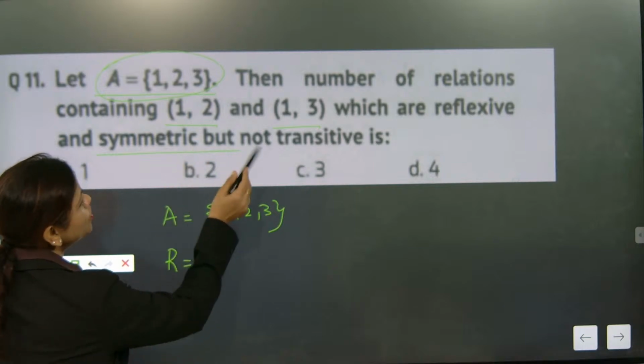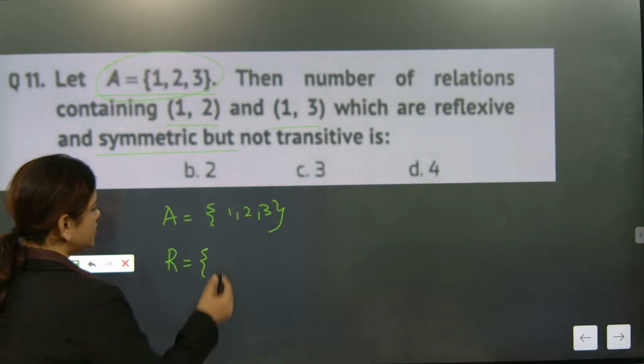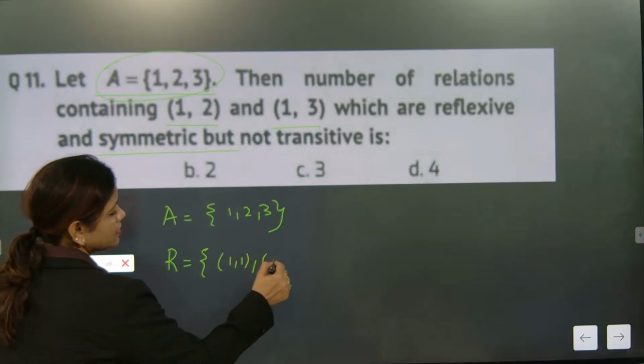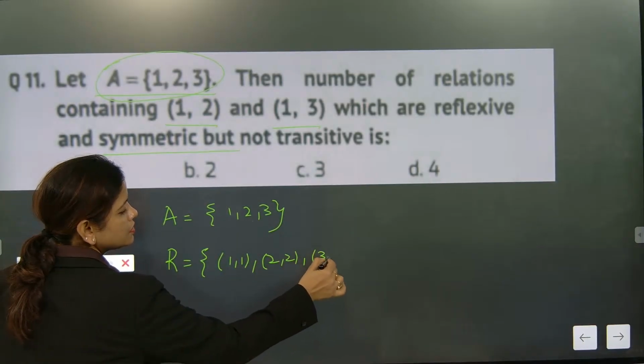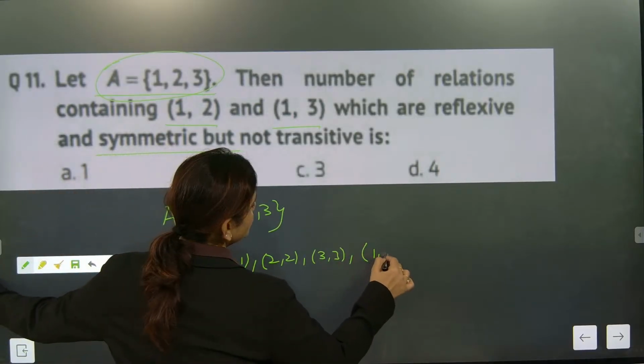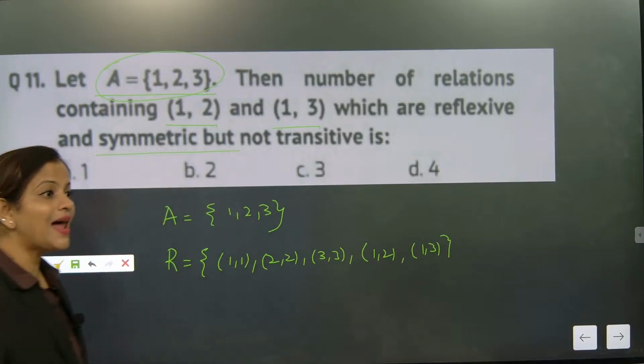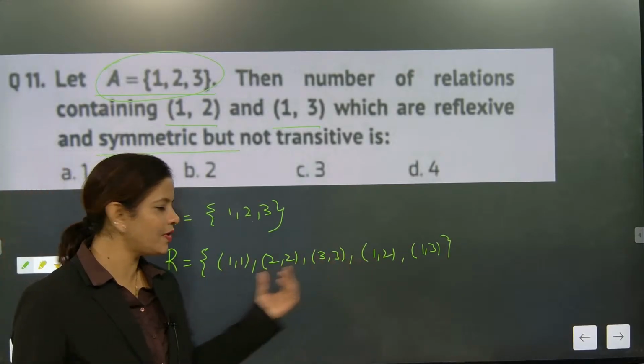See, 1, 2 and 1, 3 must be there. So we can write 1, 1; 2, 2; 3, 3. Done. Now we put 1, 2 and 1, 3.